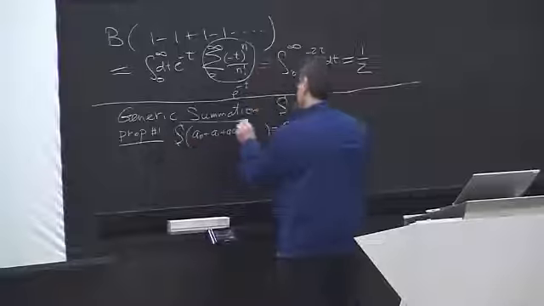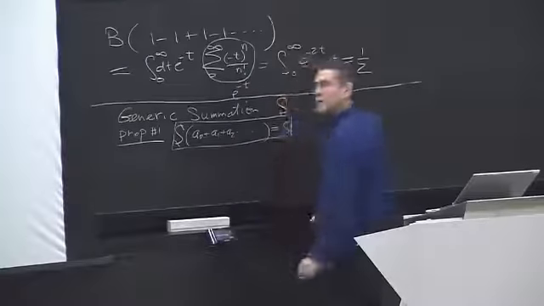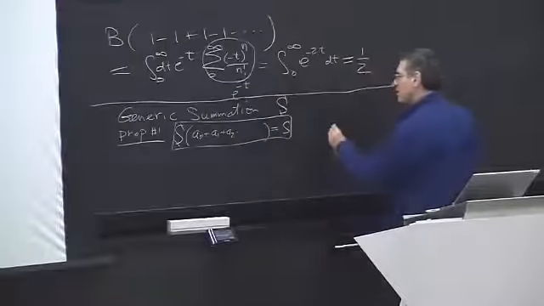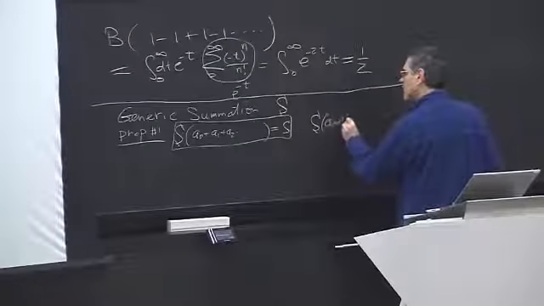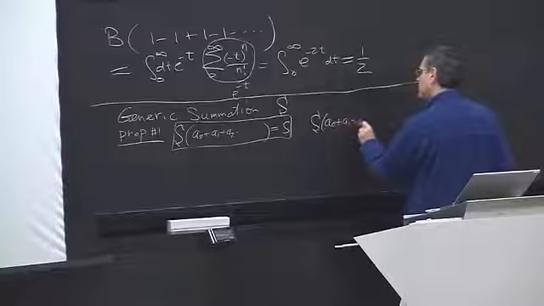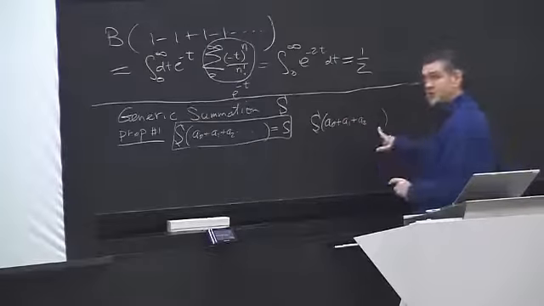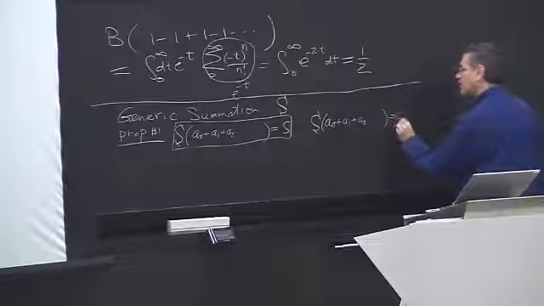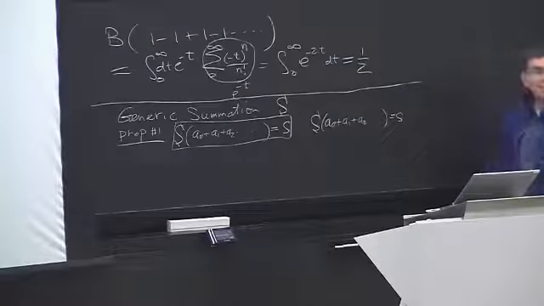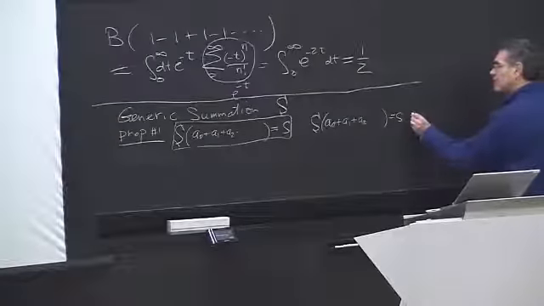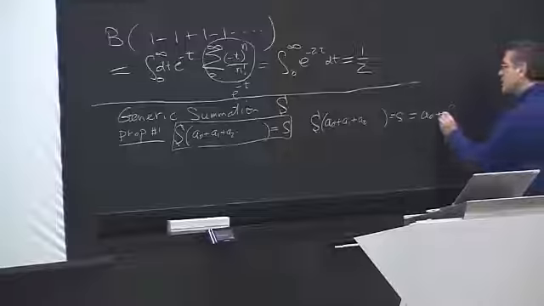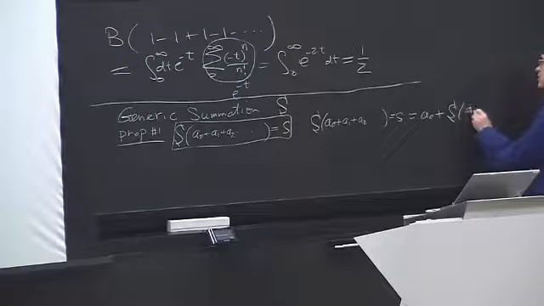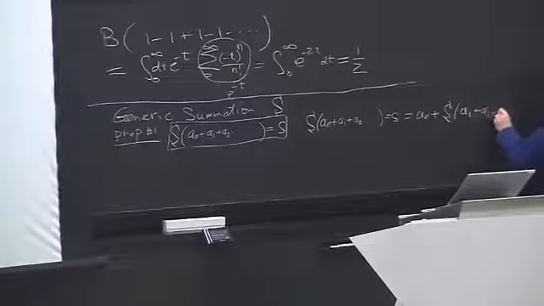Property 1 should be that if I sum all of these numbers, A0 plus A1 plus A2, and this exists, this is equal to S, it should be exactly the same as if I were to pull off the first number in the series, A0, and use the machine to sum up all the rest of the numbers, A1 plus A2 plus A3.